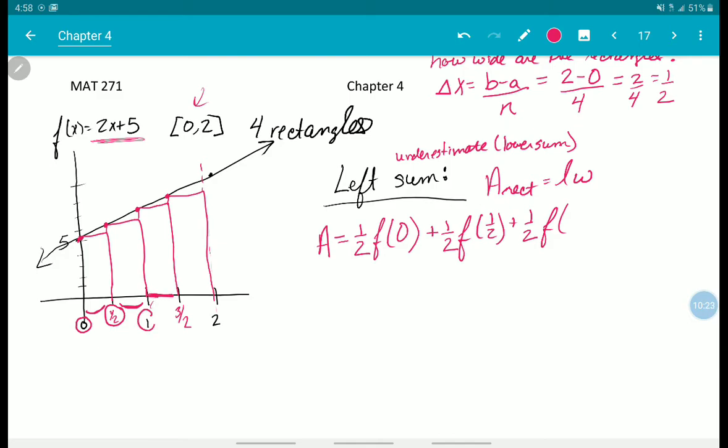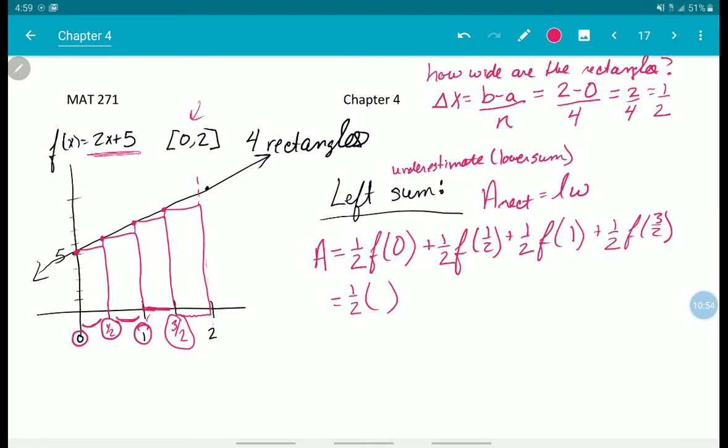And the left side is at 1. So we need to find how tall is that function at 1. And then we're going to do the same thing over here. The interval is between 3/2, or 1.5 and 2. The left side is at 3/2.